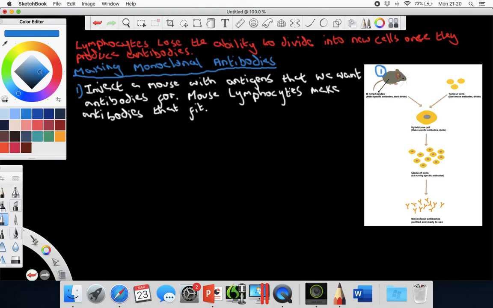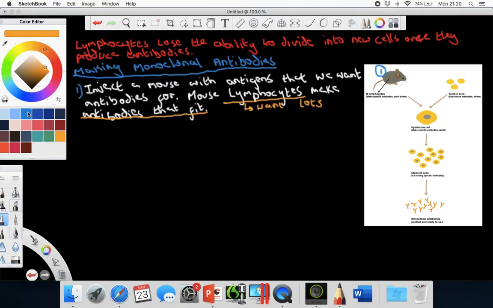So we want to make lots of these lymphocytes. We need lots of them. They're all making antibodies that fit. Okay? So we want lots of them, because one is not enough. We want to make millions, if not trillions, of these antibodies.